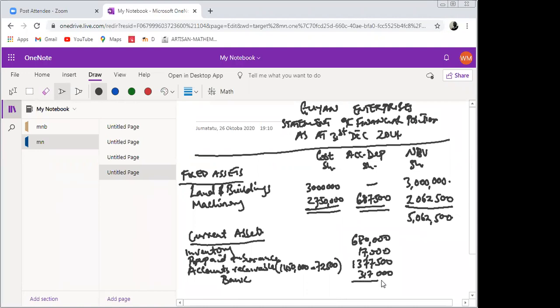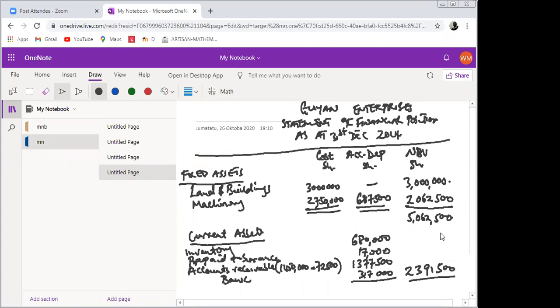Can you add them? Add them. 680,000 plus 17,000 plus 1,377,500 plus there is 17,000. 2,091,500.